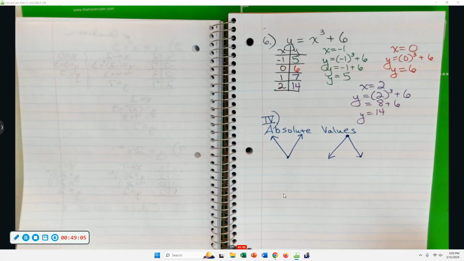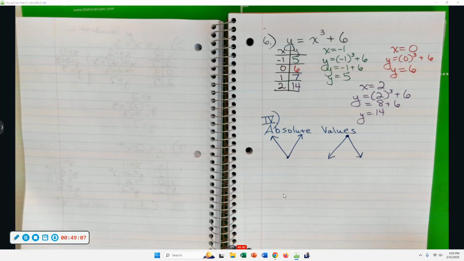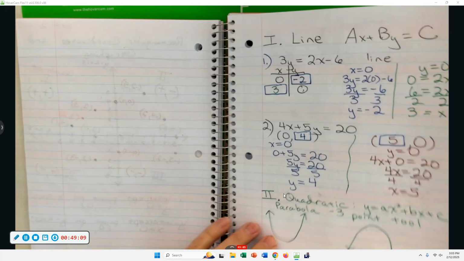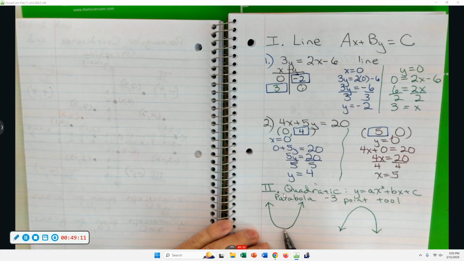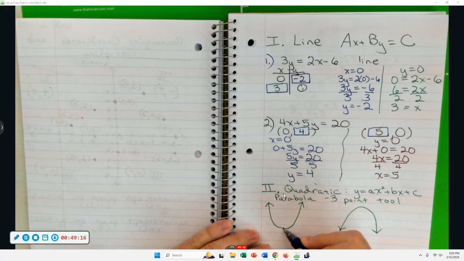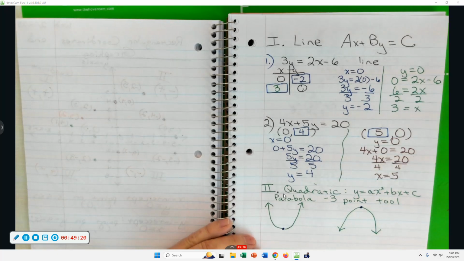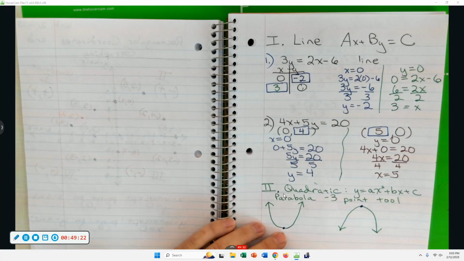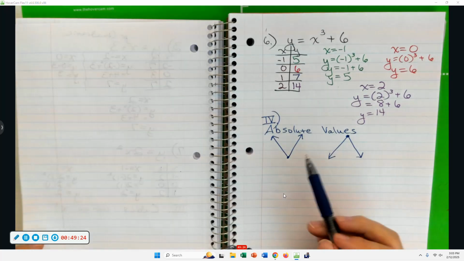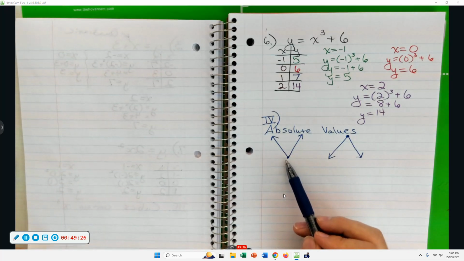When we work with parabolas in more depth in a few weeks, we'll see that parabolas have vertices too, a low point and a high point, but they're more discrete. You've got to sort of eyeball it, the high point and the low point. But with an absolute value, the vertex is obvious. It is a sharp point.